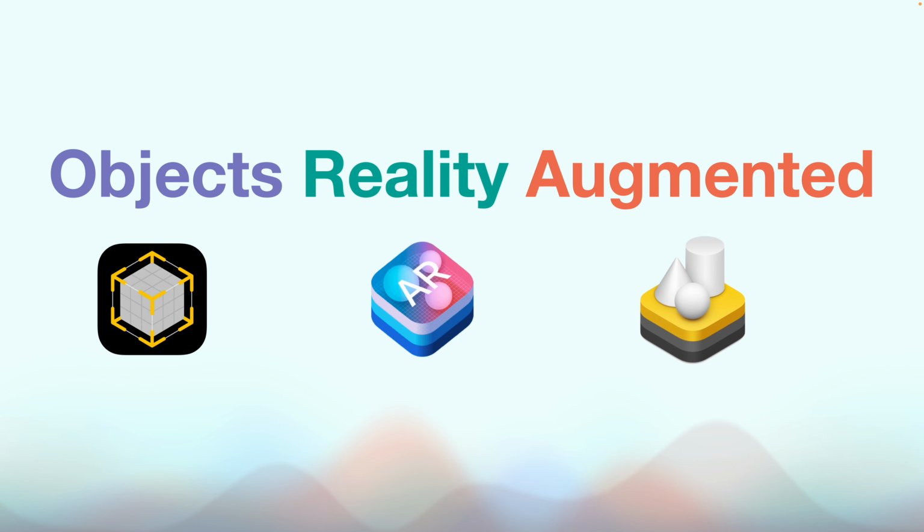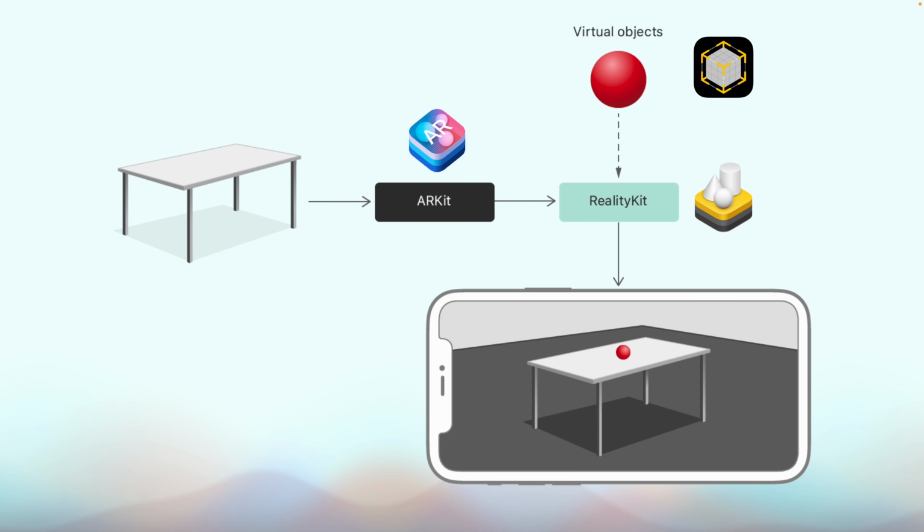So we talked about objects, we talked about reality, and we talked about augmented. If we combine all of those together, we have an AR experience or an AR app that we're building. So we start with a physical object or a physical environment. We have the table right there. I want to use ARKit to understand the scene, and we use Reality Composer to create the virtual objects.